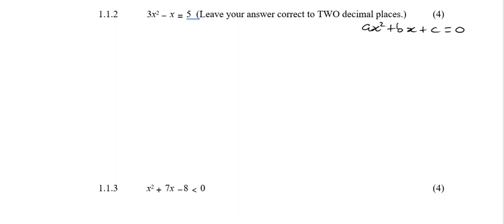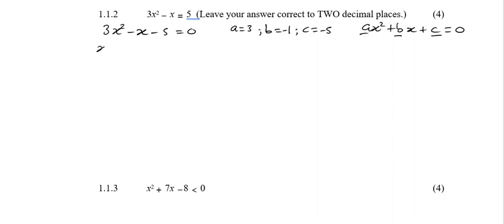So when I transpose 5 to the left hand side I will have negative 5 equals to 0. Then my a in this case equals 3, my b equals negative 1 which is the coefficient of x, and my c equals negative 5.